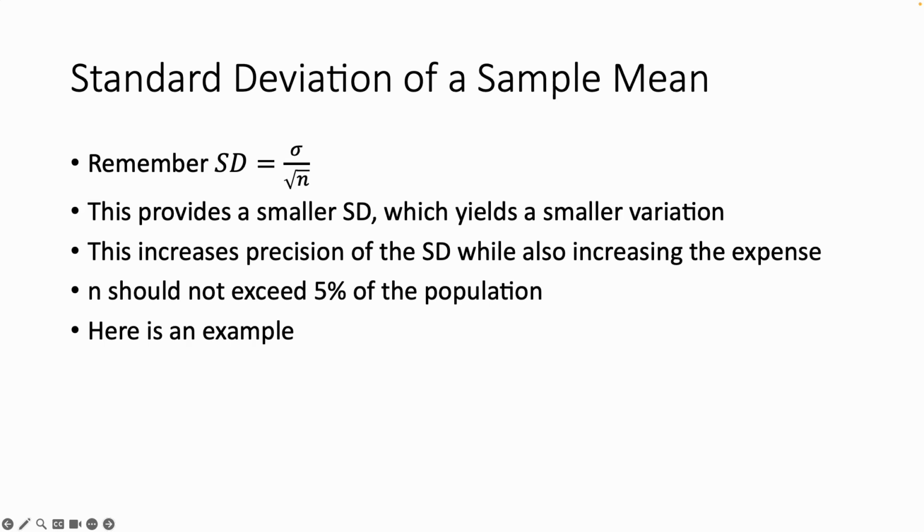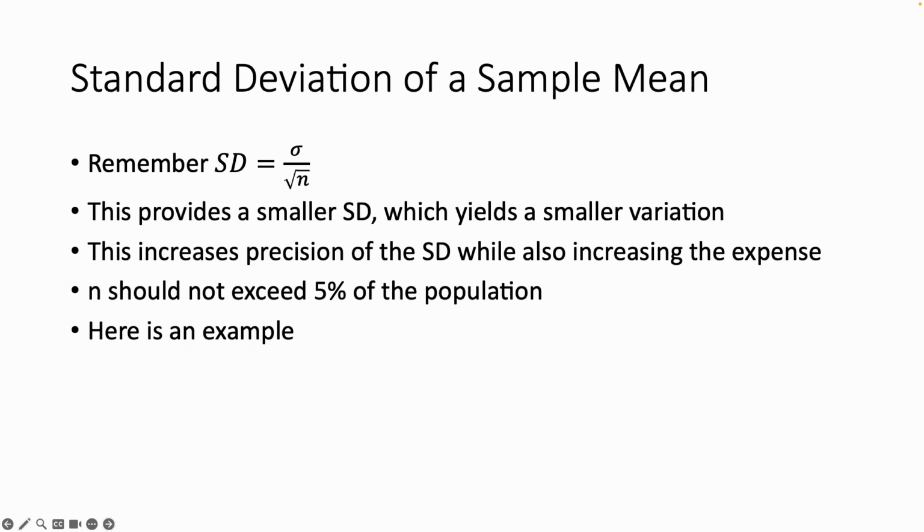This increases the precision while also increasing the expense, okay? And what I mean by that is, in statistics, a lot of times when we talk about expenses, it's not necessarily money-wise, although that can be a factor. We're talking about time and collection and the data itself. The larger n gets, the more values of n that we need. So if we have n equal to 10, that's not very many pieces of data that we have to collect at all.